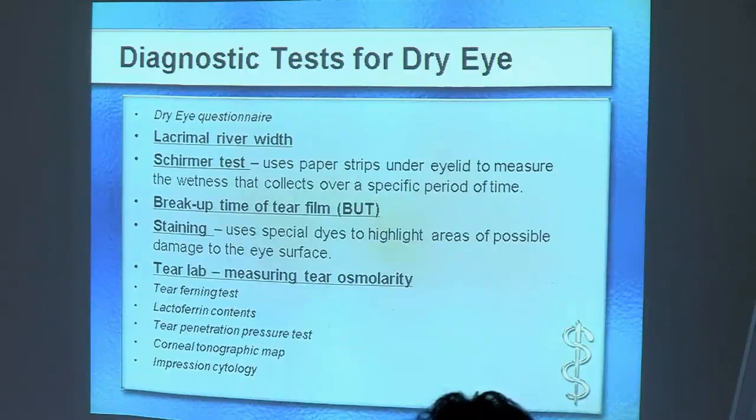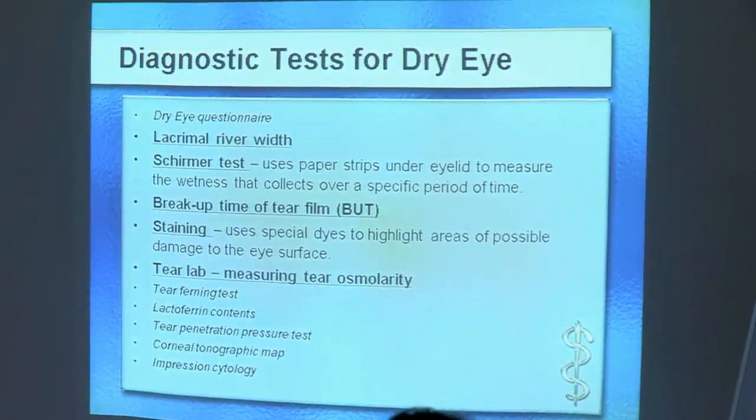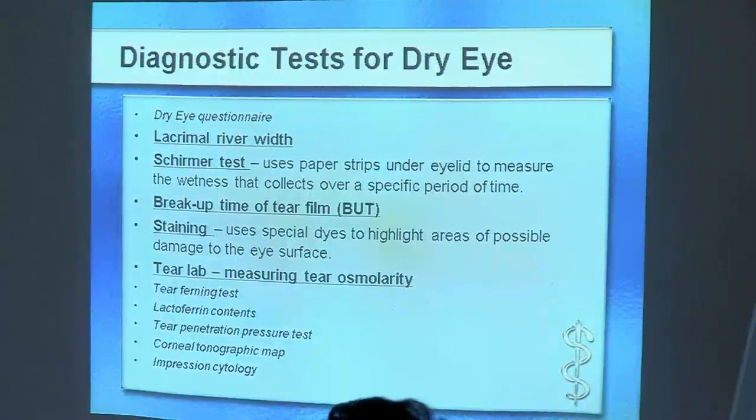The tear breakup time is valuable to assess if somebody has got evaporative eye disease. And again, I'll show you how to do that. Staining shows us if the corneal epithelium is intact or if there is drying anywhere. And the tear lab, this is the latest toy we have. It's complicated, and essentially it measures the osmolarity of the tears, which gives us an idea whether it's good tear or bad tear.